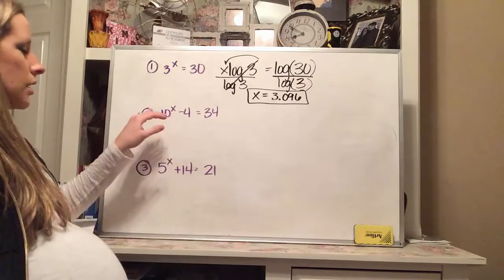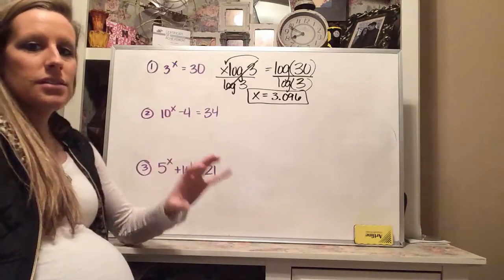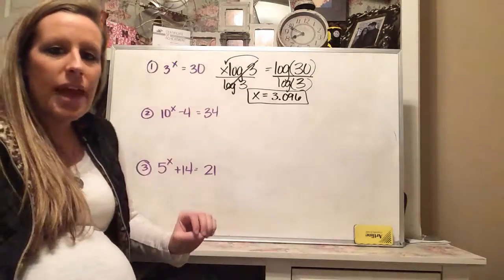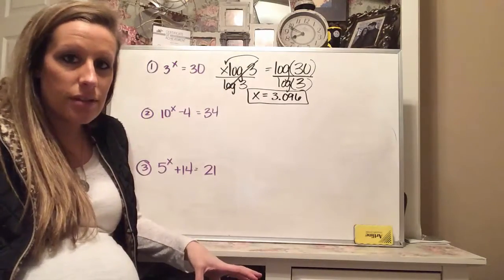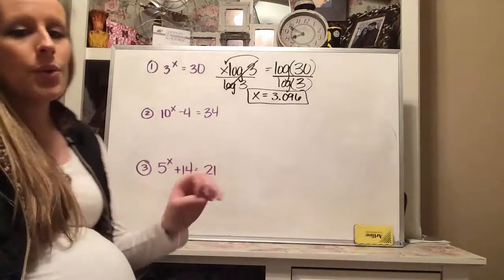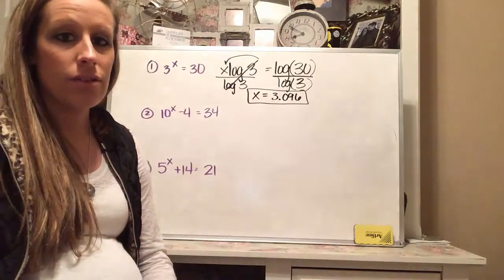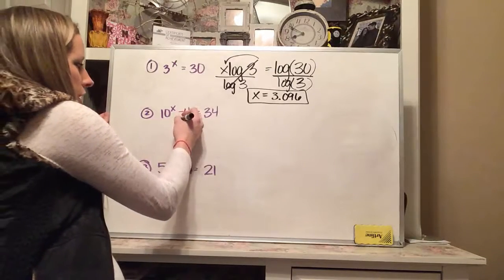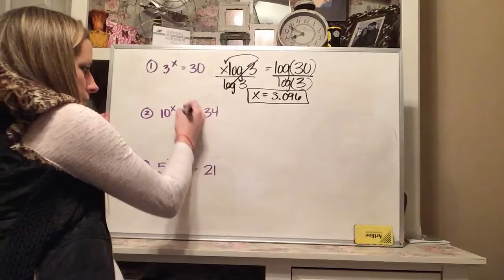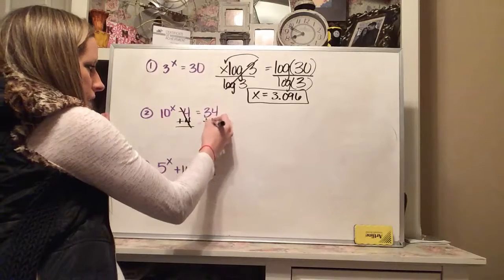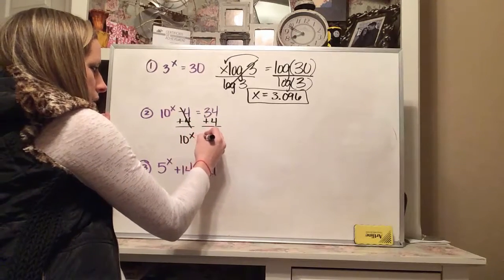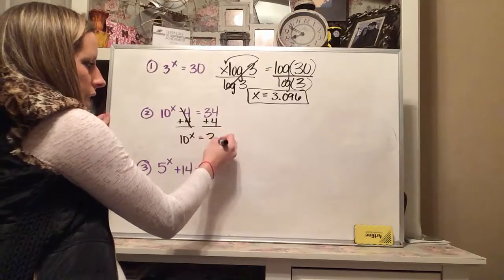Number 2, what you want to do is get the term that has the x in the exponent, like 10 to the x power, by itself first. So the opposite of subtracting 4 would be adding 4, and we're going to do that to both sides. So 10 to the x power equals 38.